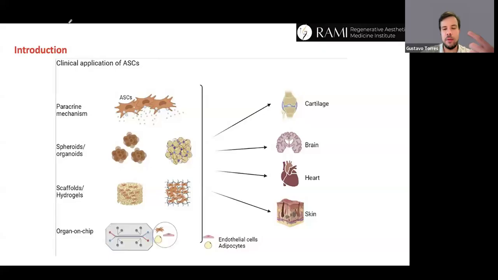So obviously we always need to have in mind that we are dealing with adult stem cells present there, and they are able to repopulate many tissues. In the case of the adipose tissue, they are actually very potent. They are mesenchymal stem cells.